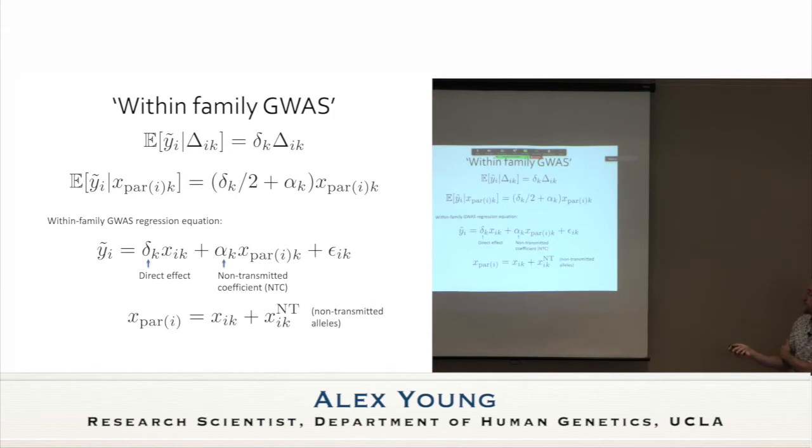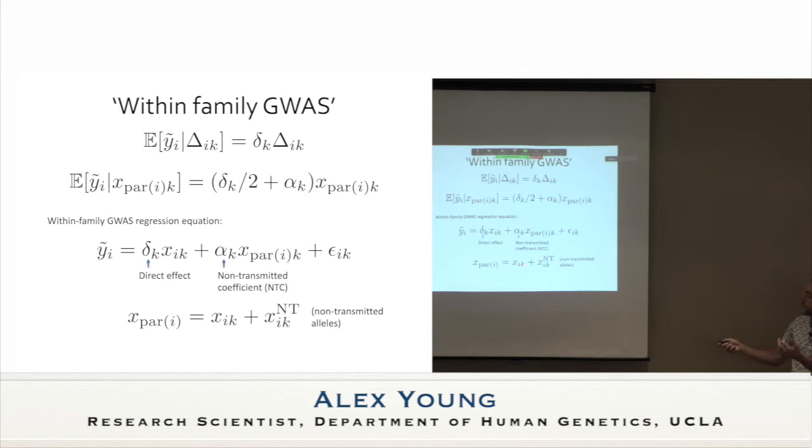And why do I call it a non-transmitted coefficient? There's another way of writing this equation. The parental genotype, there should be a K there. The parental genotype is comprised of 4 alleles. 2 of them are transmitted to the offspring, so that's the offspring genotype. 2 of which are not transmitted to the offspring, that's the non-transmitted parental genotype.